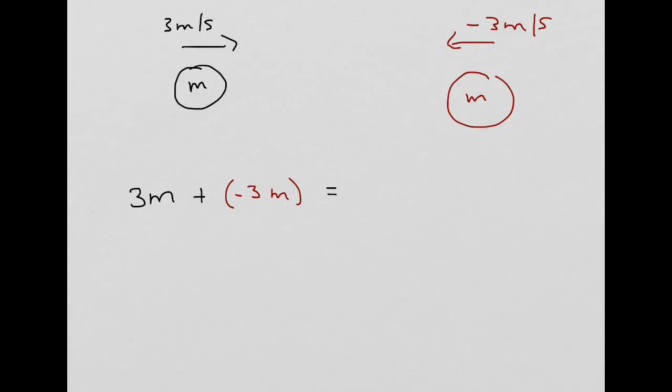Well, the mass after the collision is 2m, because the balls are now stuck together, and velocity is what we're solving for. Okay, so if I simplify the left-hand side, 3m plus negative 3m is 0. Therefore, the velocity after the collision is 0 meters per second. So they collide, and they stay in place. They're at rest.